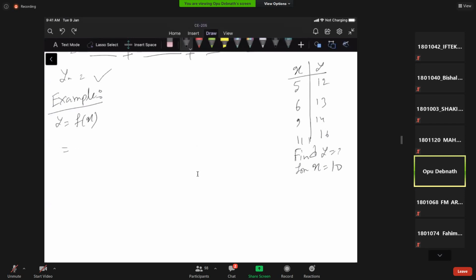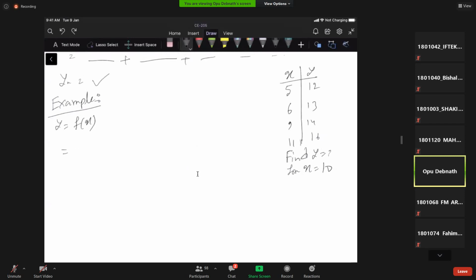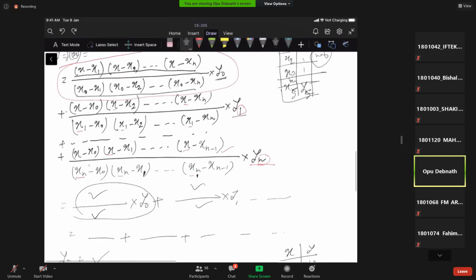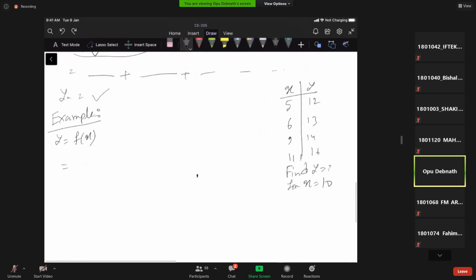The equation is already here, so as the equation is already here, you will simply put the values.